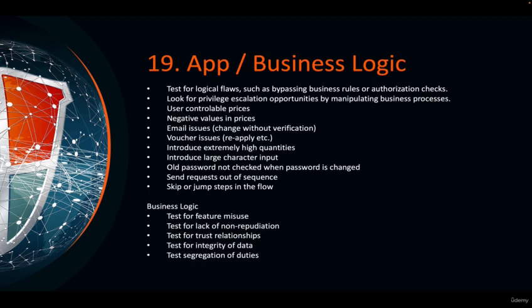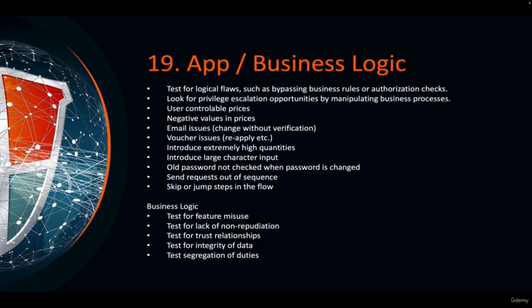Introducing extremely high quantities in shopping carts, or signing up with extremely long usernames, passwords, extremely long email addresses, and see how the application reacts, basically, right? That the old password is not checked when it's not supplied, or when the parameter is removed, those kind of things.